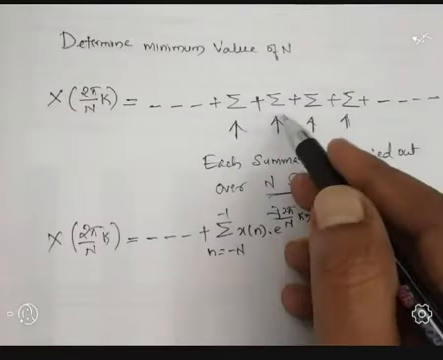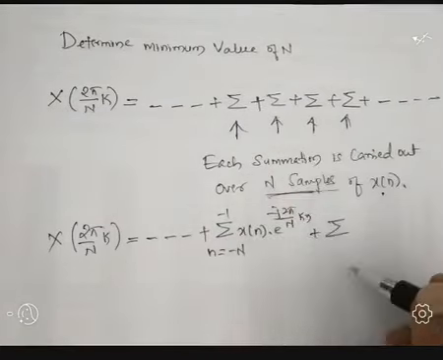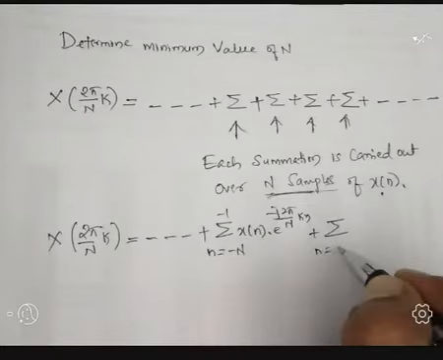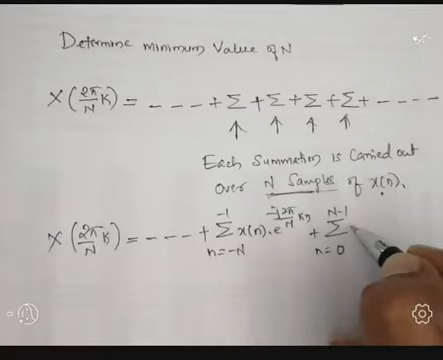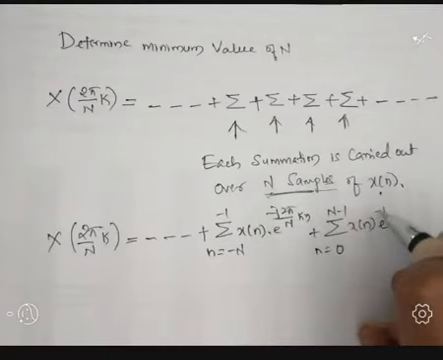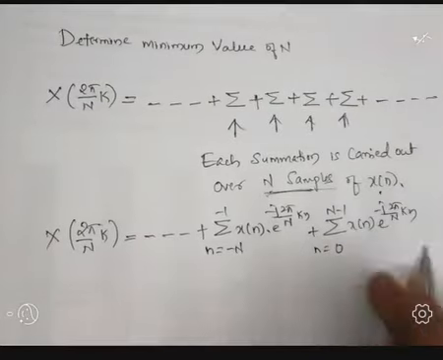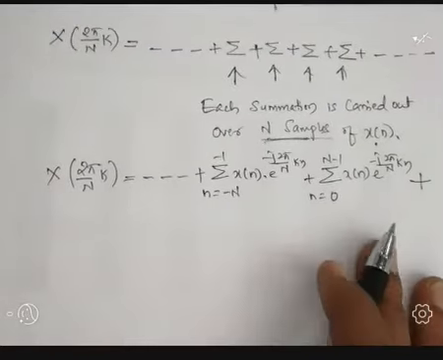Next, this also varies over the next N samples. Next N samples means n equal to 0 to N minus 1, x of n e to the power minus j 2 pi by N into kn. Next summation term plus, what is the next summation term?